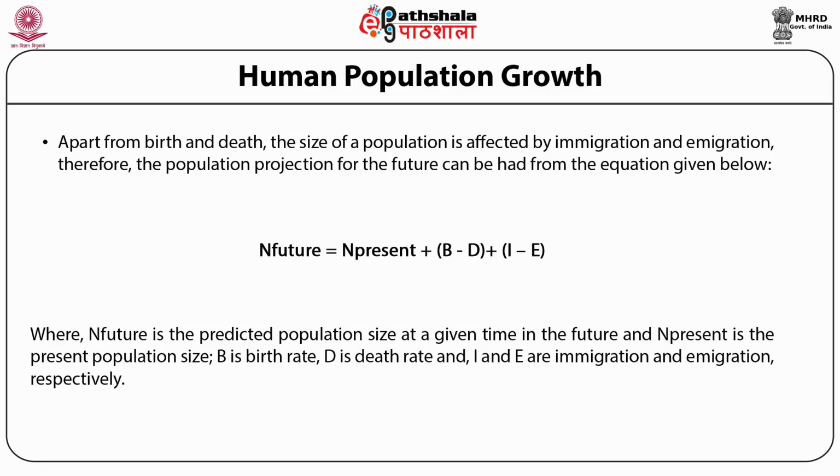B is birth rate and D is death rate. I represents immigration and E represents emigration, respectively.